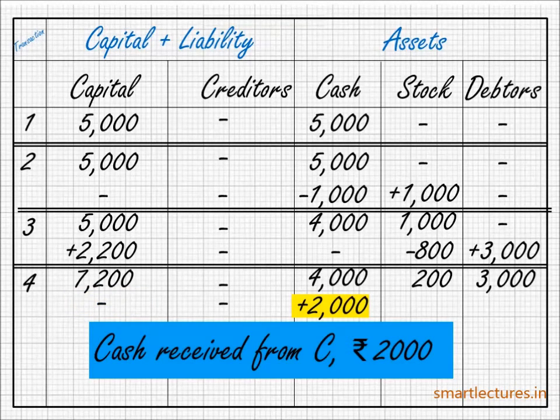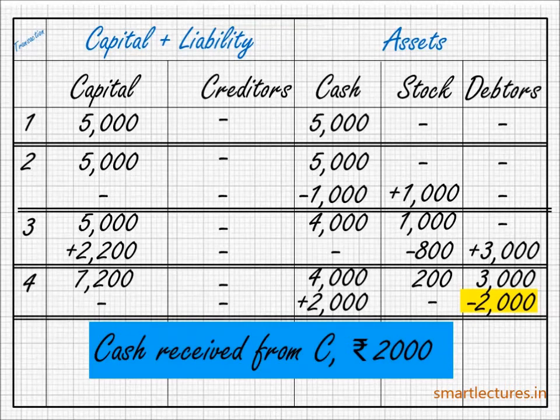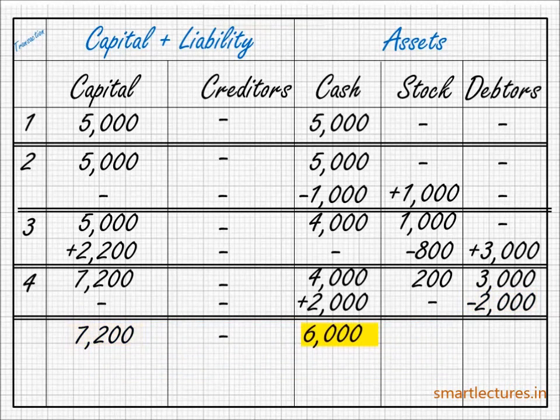In the cash column, plus 2,000. In the stock column, nothing. In the debtors column, minus 2,000, because previously we had debtors of rupees 3,000 and today we have recovered rupees 2,000, which reduces our debtors. So new capital 7,200, cash 6,000, stock 200 and debtors 1,000 rupees.